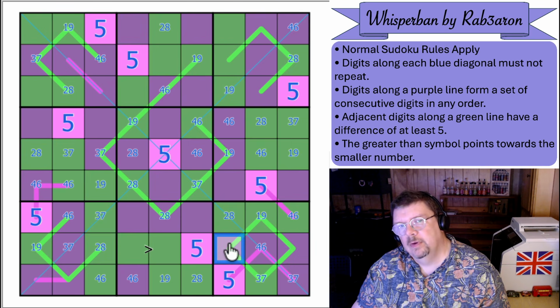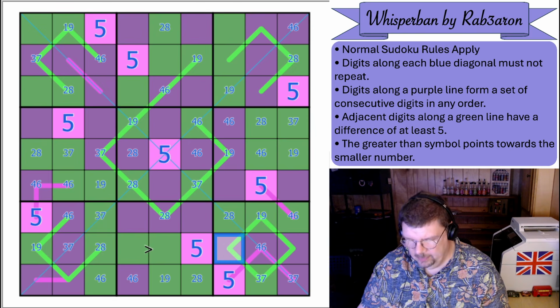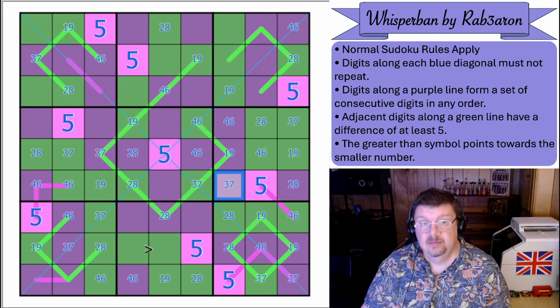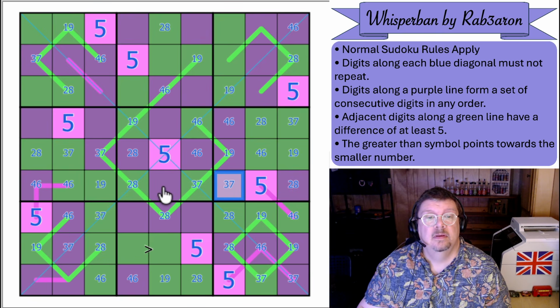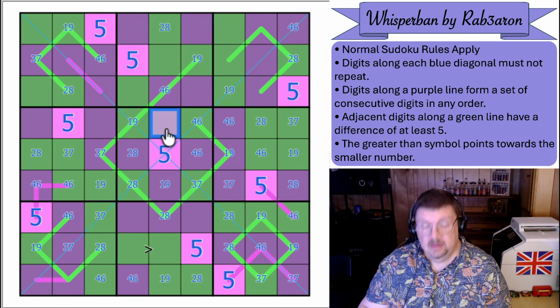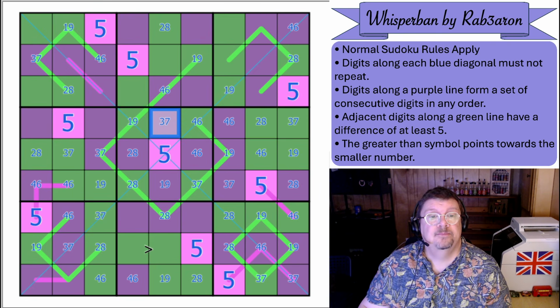That can't be the purple 1, 9. Therefore, that has to be the purple 2, 8. That's 1, 9. That's 2, 8. That's 3, 7. That's 1, 9. That's 3, 7. Okay, that gave us a bit more progress.